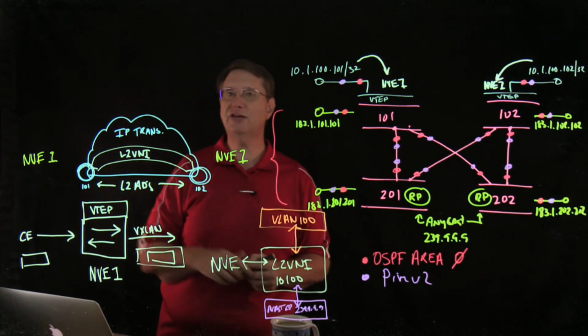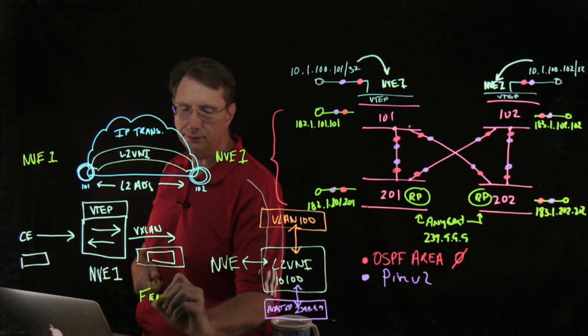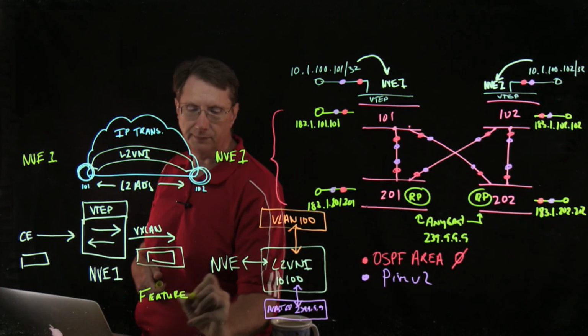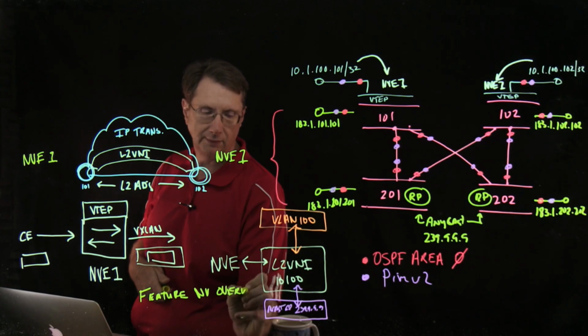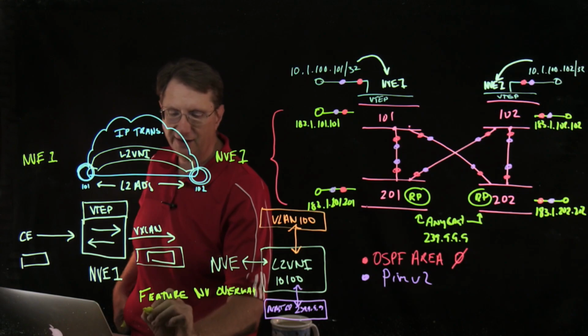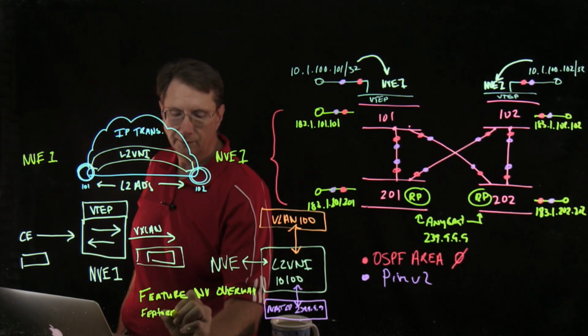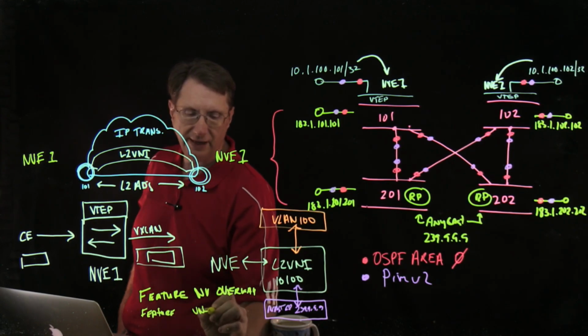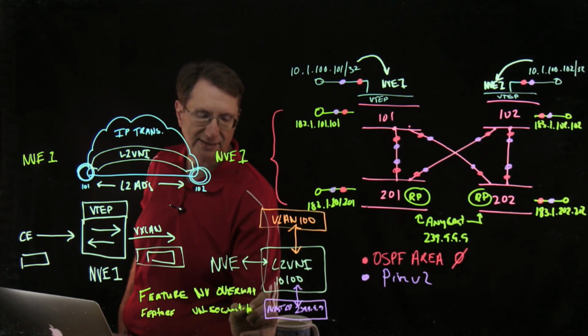Now, this is going to require the activation of two services. We're going to have to enable feature nv overlay on these devices, and we're also going to have to activate feature vn-segment-vlan-based.